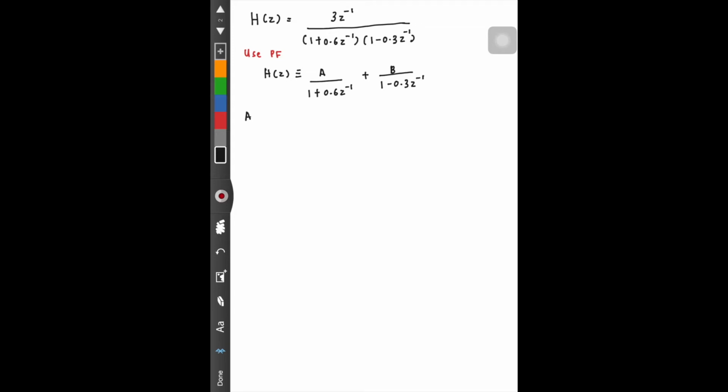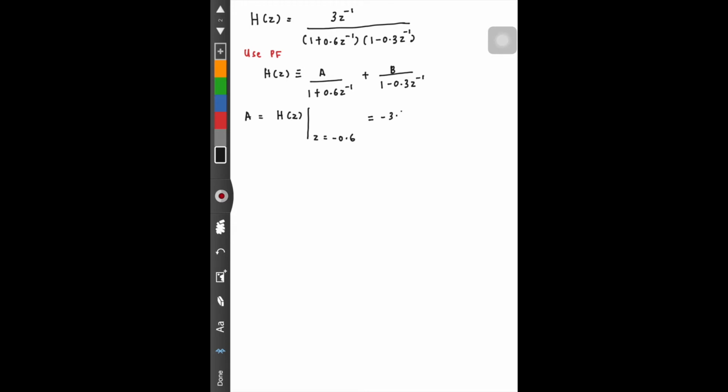To get A, you need to replace all z with minus 0.6.